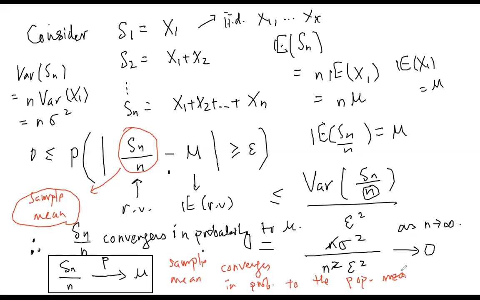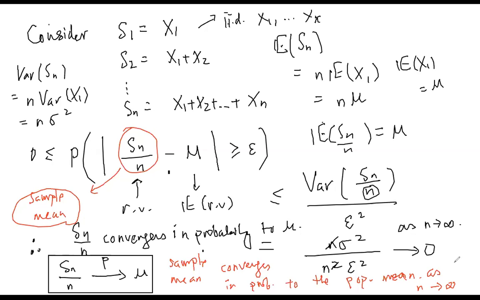Now, this is a very powerful result as n tends to infinity. It's saying that using the sample mean to estimate the population mean is a reasonable thing to do, because as your sample size increases, the chance that it deviates from the population mean by more than a certain arbitrary amount goes towards 0.